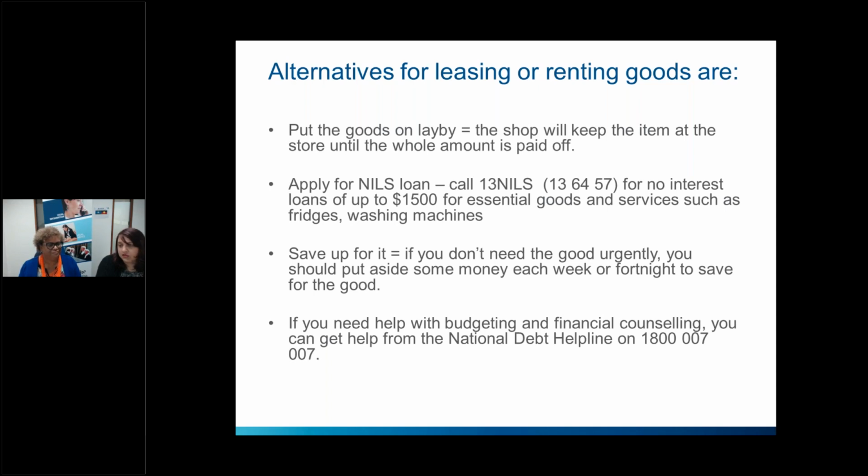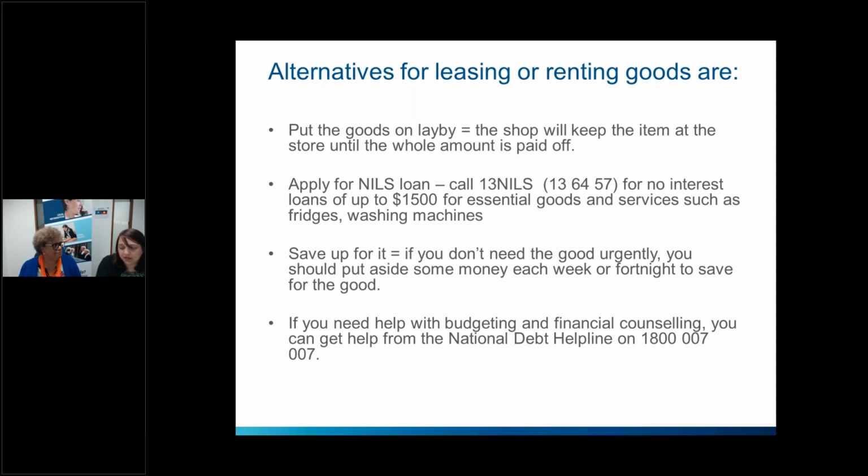You can do a lay-by, where you pay some money, you leave the goods at the store, and you come back and keep making your payments, and then you take it at the end. So you don't actually take it with you until it's paid off. Or you could apply for a NILS loan, which is a no interest loan, the number's up there, and that's for up to $1,500 for essential goods and services like fridges and washing machines.